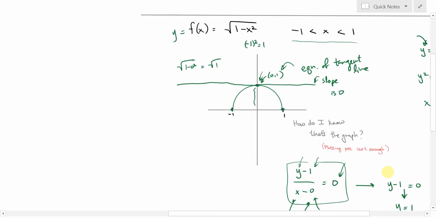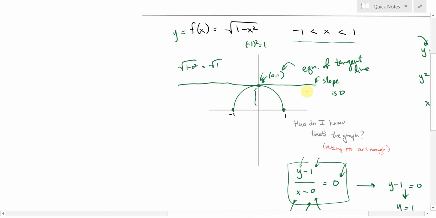Now, how could you have figured out the slope is 0 in maybe a more algorithmic or formulaic way? Well, if you watched the previous video, we would have written something like the limit as b approaches a, but a is 0 here, of f of b, but f of b is this horrible thing, 1 minus b squared, minus f of a, which is 1, all over b minus a, but a is 0.